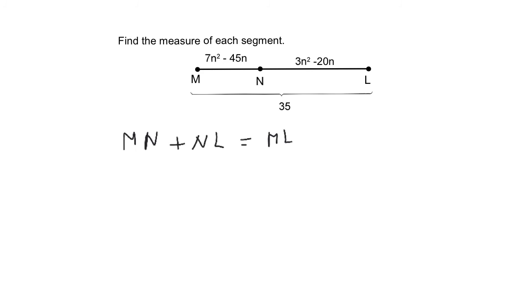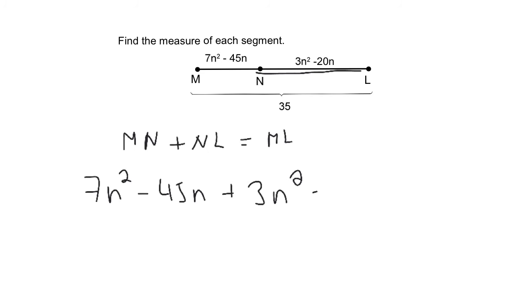Now let's substitute. MN is 7n squared minus 45n. NL, which is this segment, is 3n squared minus 20n, and the length of segment ML, the entire segment, is equal to 35.